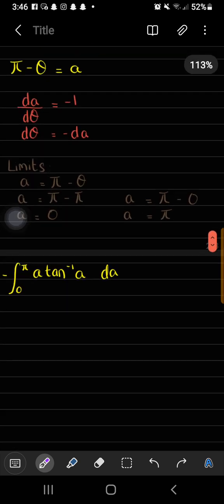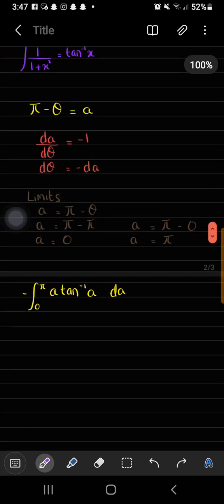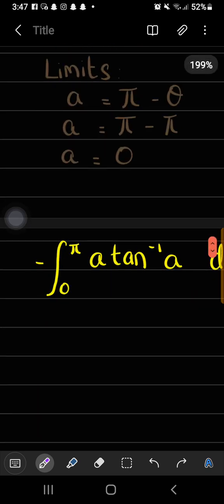For this, I think I told you in the integration video: when we have any function and we have an inverse in it, it will be u.